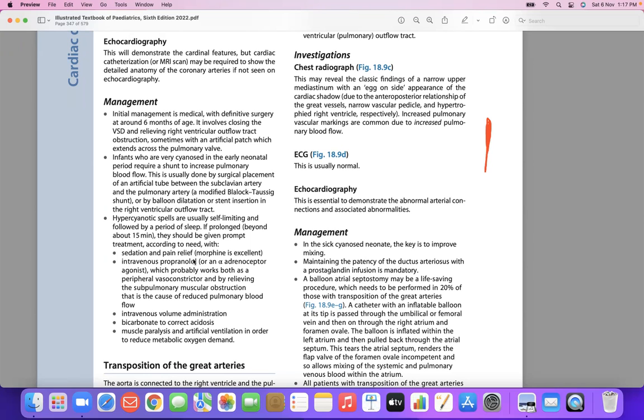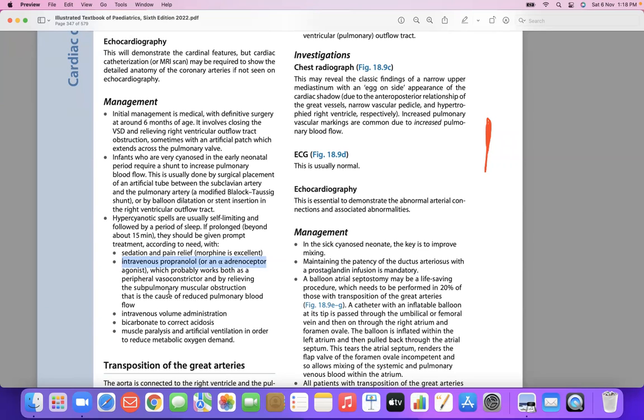So one is sedation and pain relief. Always consider morphine. Okay, before that, the knee chest position is very important here. Knee chest position, then morphine. You can consider intravenous propranolol or an alpha adrenoreceptor agonist, which probably works both as a peripheral vasoconstrictor and by relieving subpulmonary muscular obstruction.